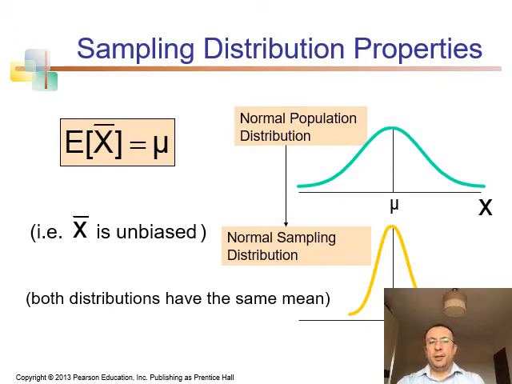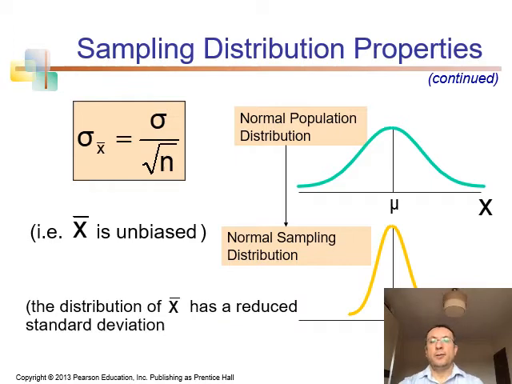And obviously the expected value of the sample mean is mu. So both distributions, the population distribution and the sample distribution, have the same mean. What's different is the standard deviation. The standard deviation of the sample mean equals sigma over square root of n.